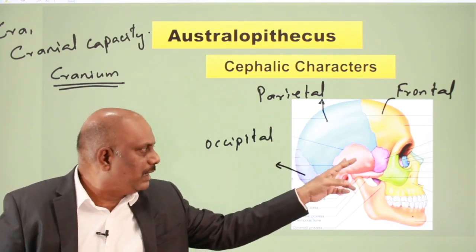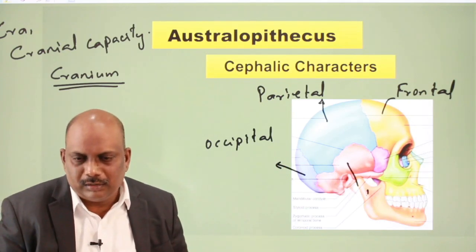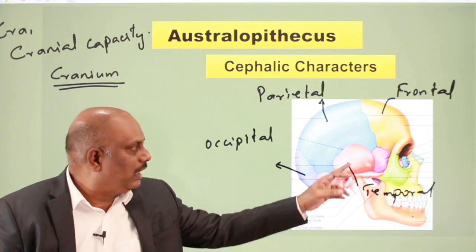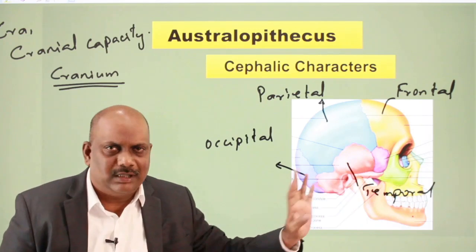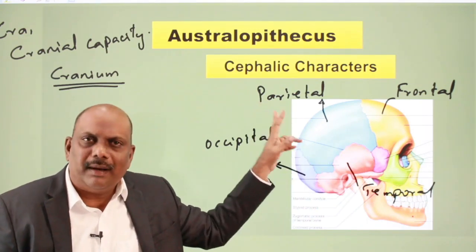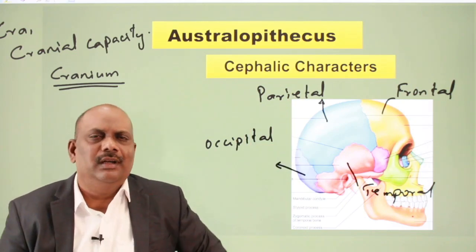We also have the temporal region. This is temporal. And we also have the sphenoid bone and the ethmoid bone. There is no need to bother about those two. If you are okay with frontal, parietal, and occipital, that is much more than sufficient.